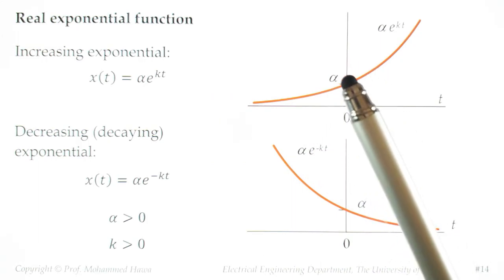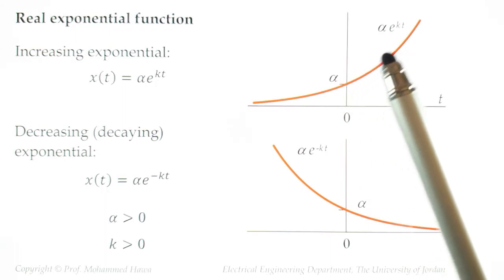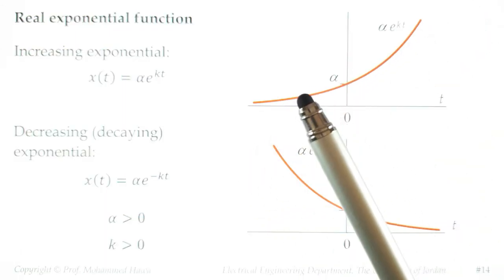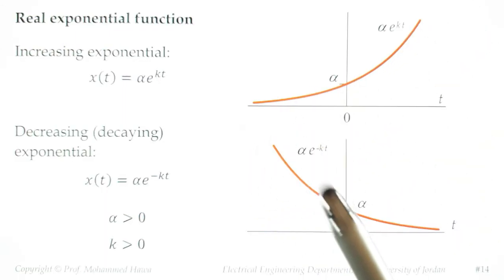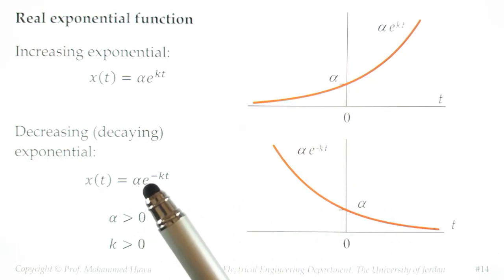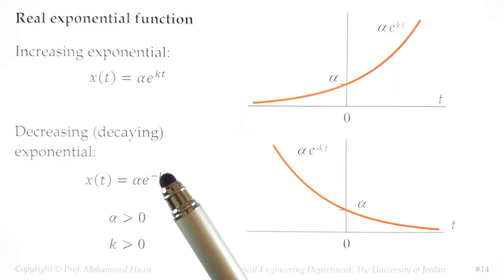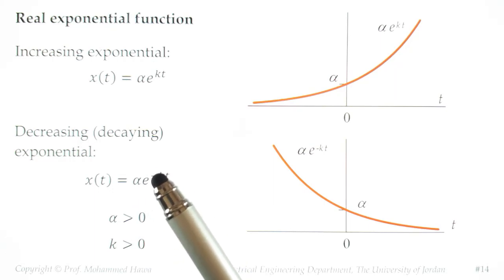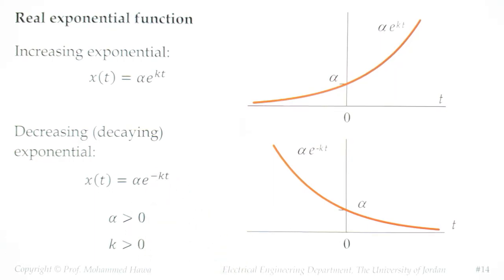When t equals 0, you're getting alpha, but then you start increasing fast. The difference between the increasing exponential and the decaying exponential is that you're getting alpha e to the power minus kt, where k is positive, so this exponential has a negative here, and what you end up with is a decaying exponential, which also crosses the vertical axis at alpha.